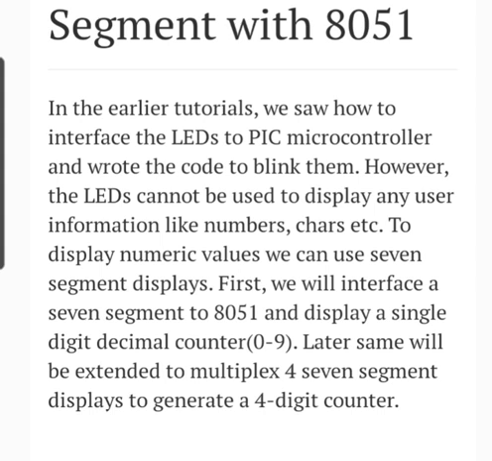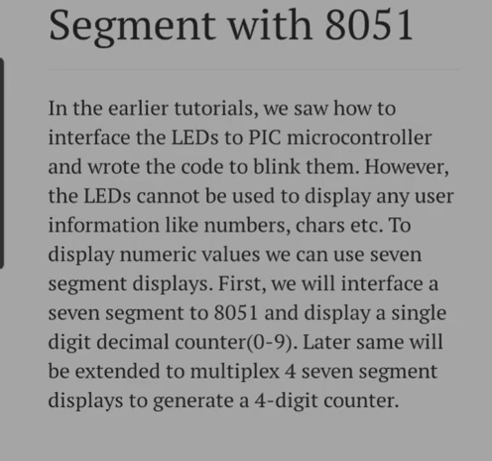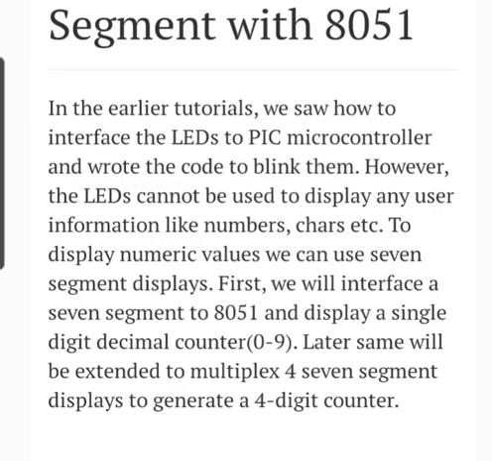First we have to interface a 7 segment display to 8051 and then display a single digit decimal counter, that is 0 to 9, and then later the same will be extended to multiplex 4 7 segment displays to generate a 4 digit counter. Okay, so this is the basic procedure.